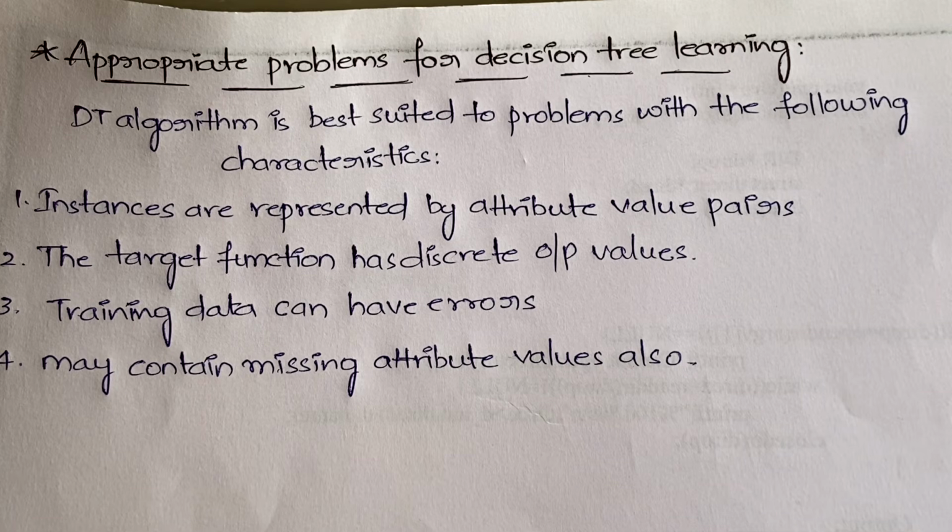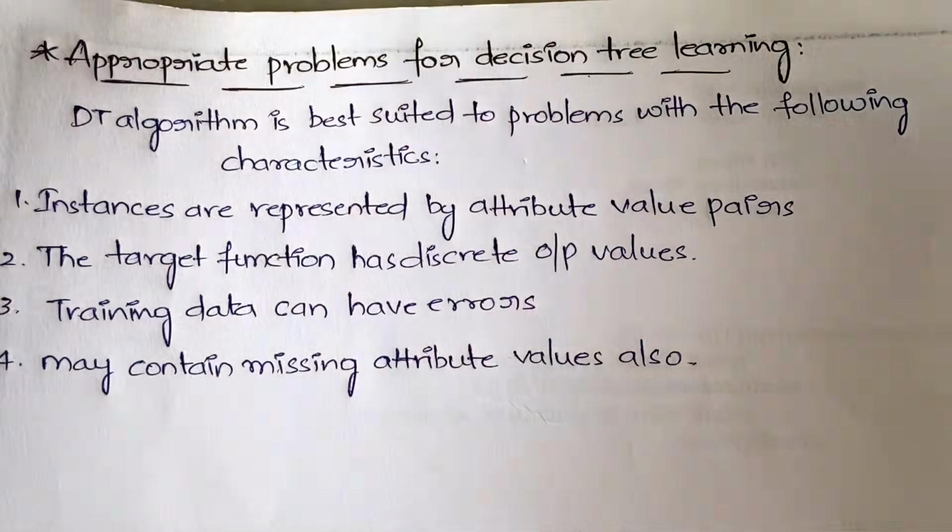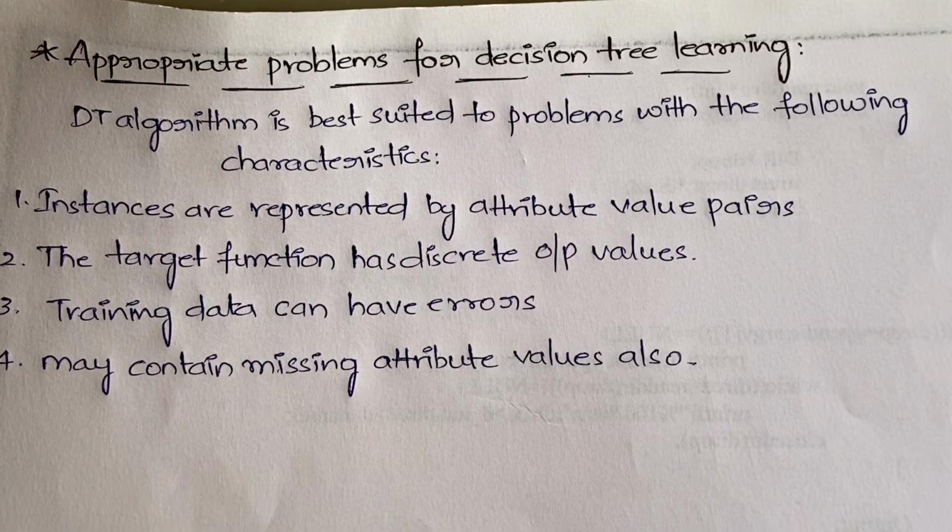First, the decision tree algorithm is best suited to problems with the following characteristics. With the following features you can use the decision tree algorithm. So first, instances are represented by attribute value pairs. When you have instances and those instances are represented by attribute value pairs, in those situations you can apply this.